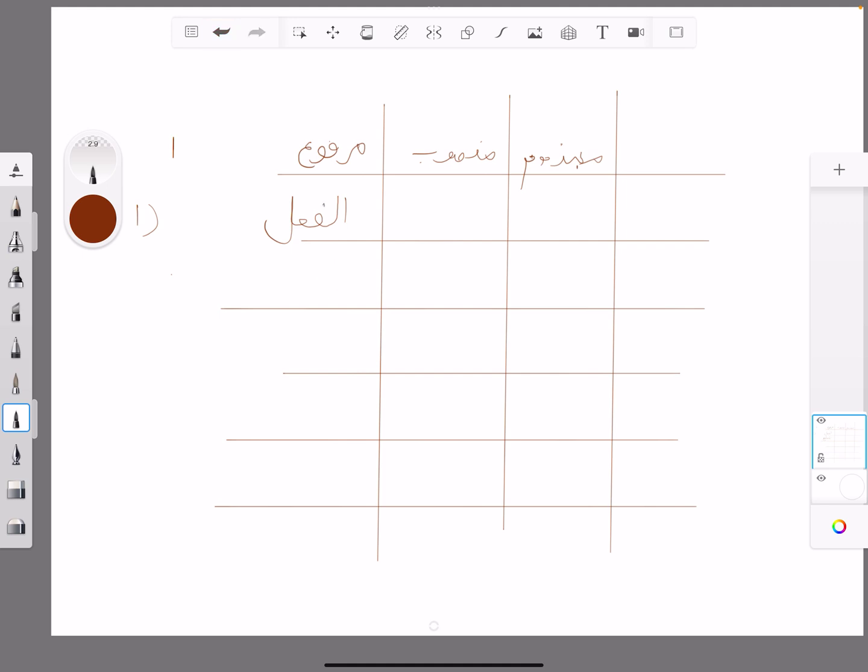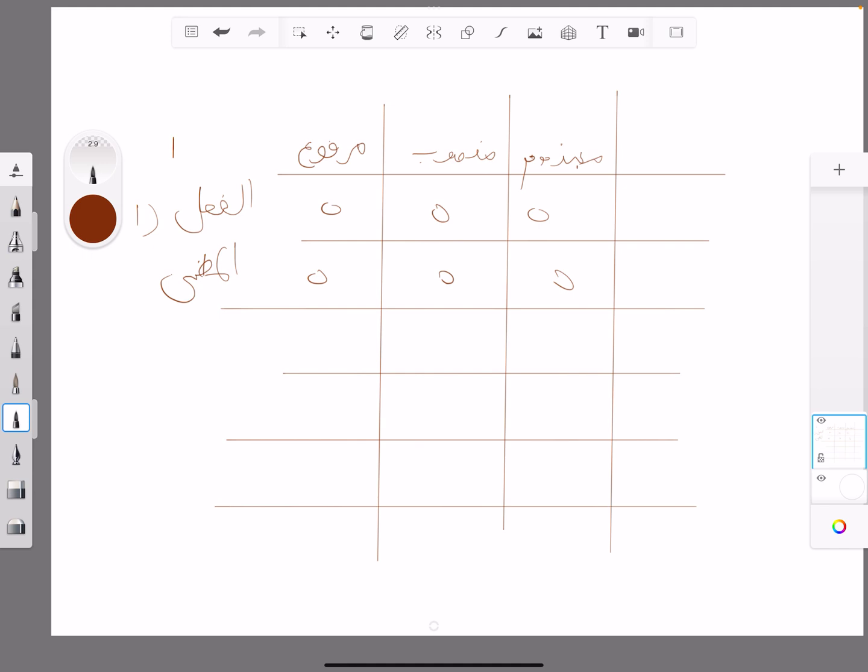So al-fi'l al-madi will never change, so you can forget that. There's nothing to put in here. We have nothing to put here, nothing to put here. We're not bothered because it doesn't change. So you don't even need to worry about it.